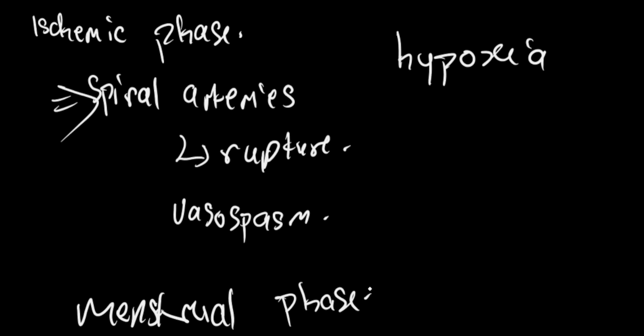There's no clear demarcation between the menstrual phase, the proliferative phase, the luteal phase, and the ischemic phase. We only consider these phases for the sake of understanding.